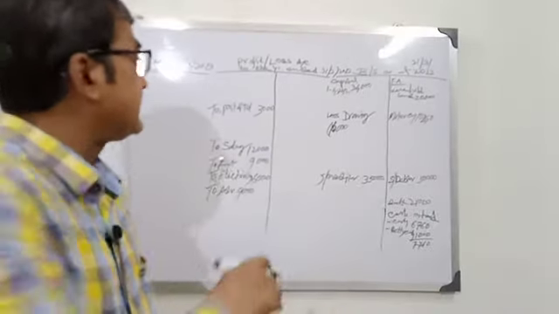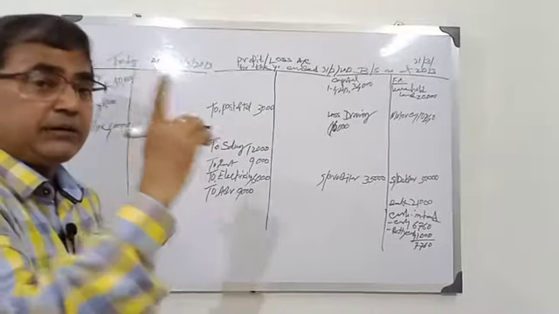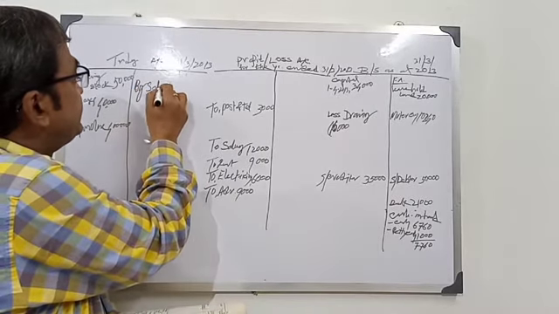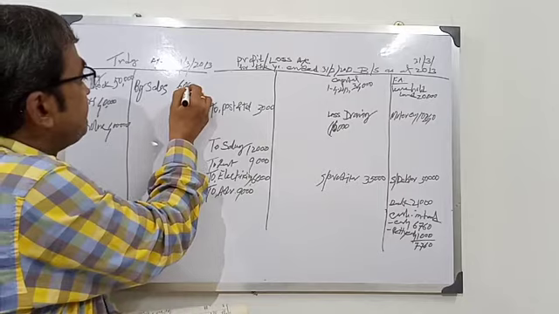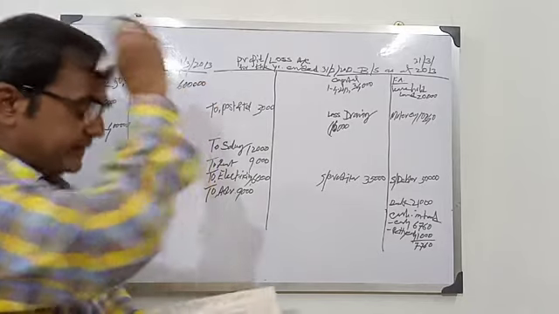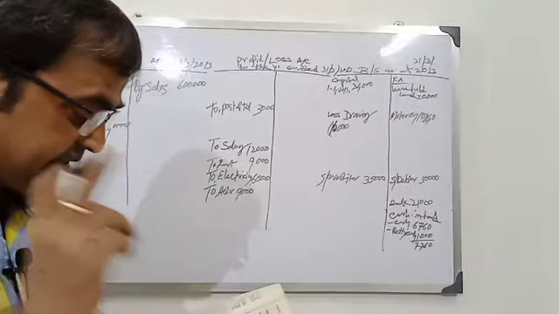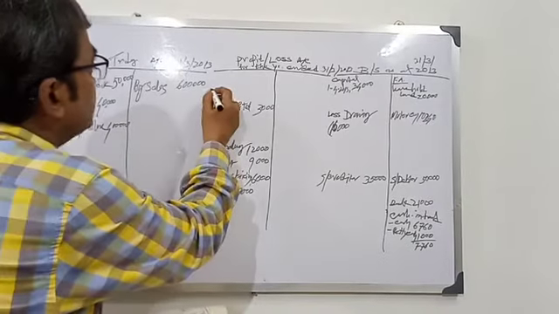Now sales 6 lakhs. Direct income, only one item of direct income, by sales 6 lakhs. I do it very quickly. Now discount, debit balance, that is discount allowed.